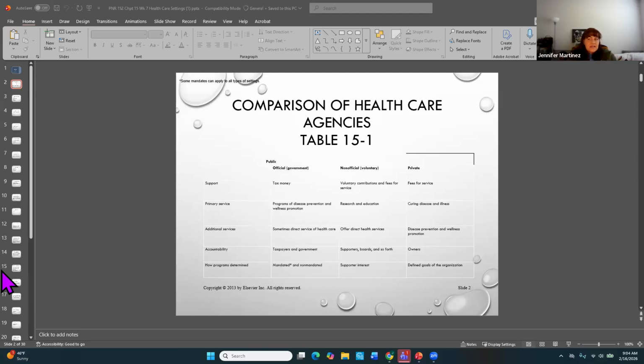Their primary emphasis is on the delivery of disease prevention and wellness promotion programs, and they provide direct healthcare services. Your voluntary healthcare agencies are supported by voluntary contributions and fees for service, often based on the patient's ability to pay. They're generally aligned with public opinion, but are accountable to their supporters.